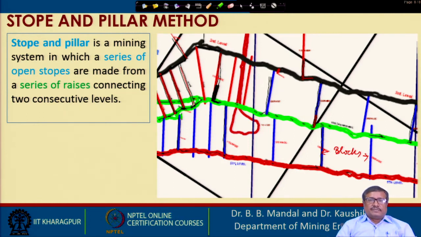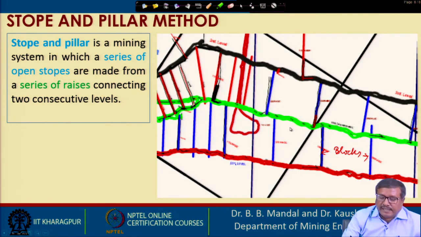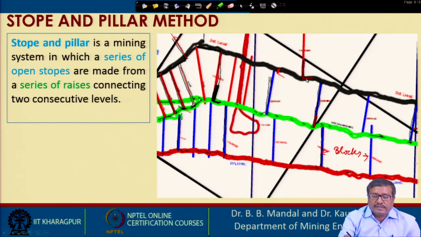Try to understand this part: whatever you see in colors, the red is one level, say fifth level, it is written here fifth level, and the upper part is fourth level, like that this is third level, the black one, the green one is the fourth level, this is the fifth level. So, these are different levels of a mine.